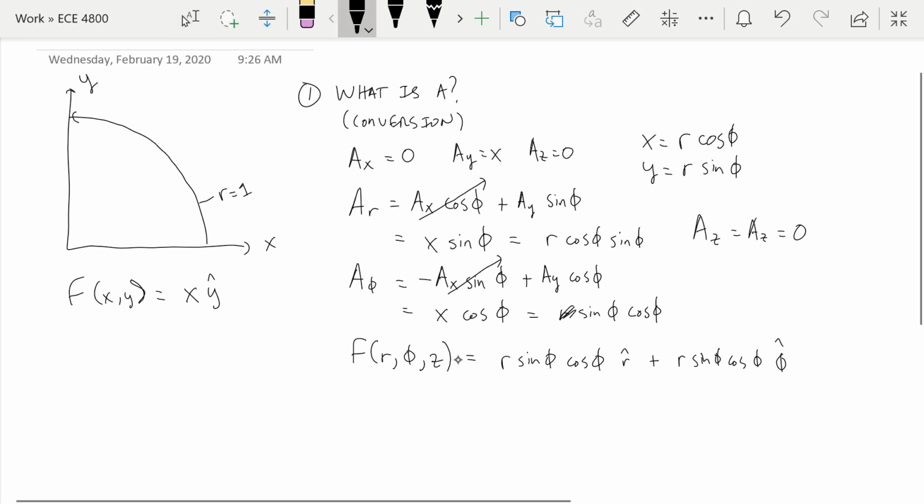I was wondering why it looked a little different. So x is equal to r cosine of phi, so this is going to be r cosine squared of phi.